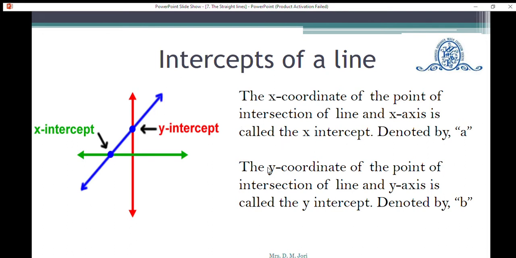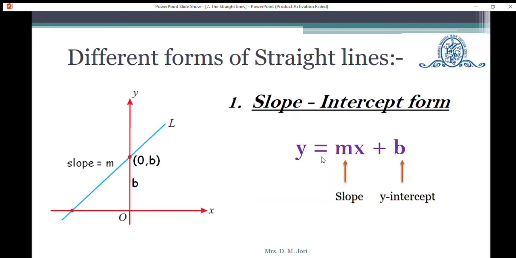Y-intercept is simply the y-coordinate of the point of intersection of line with y-axis. So this is the point of intersection of line with y-axis, and the y-coordinate of this point will be the y-intercept of line. Y-intercept is denoted by small b.